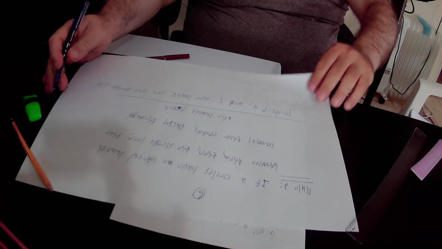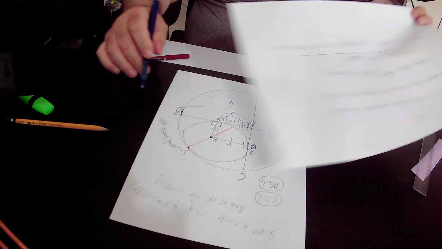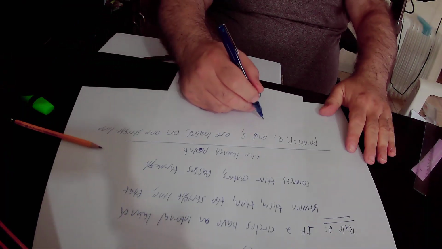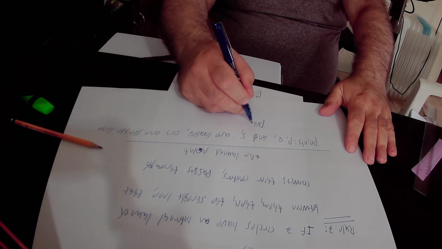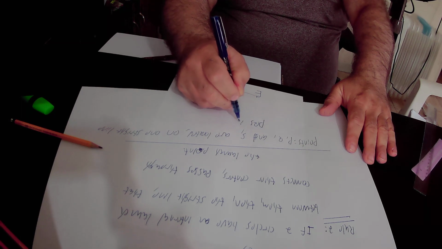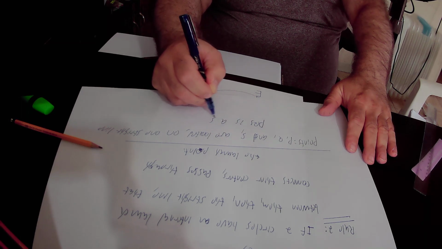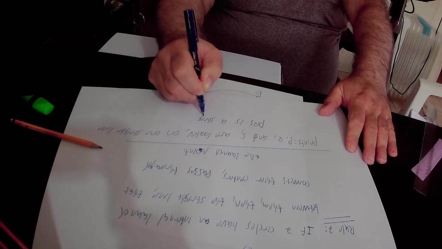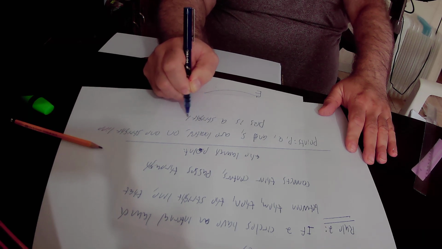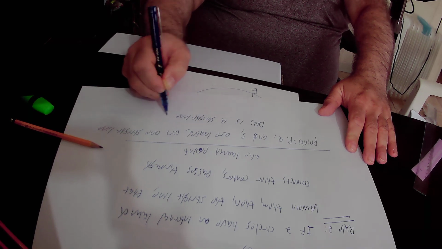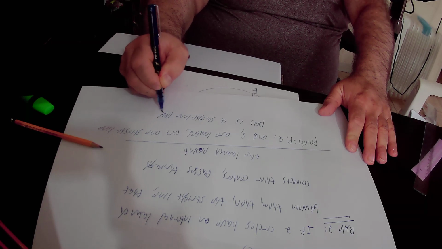Or in other words, you can say that line segment PQS is a straight line, according to rule number 2, of course. Okay.